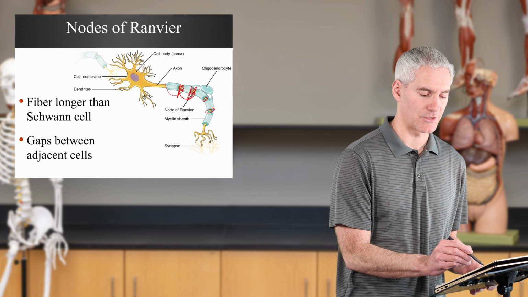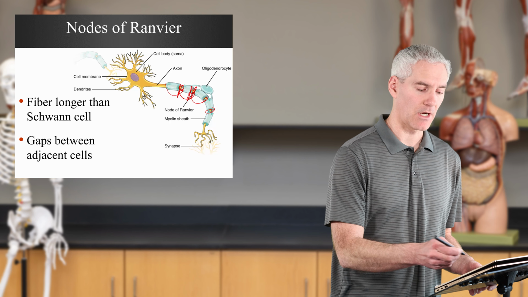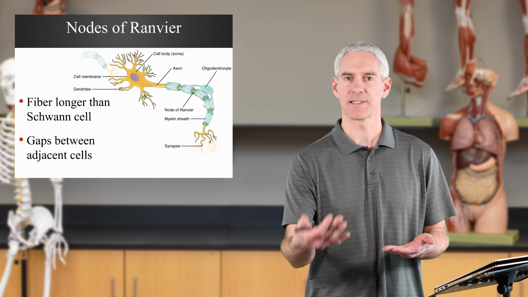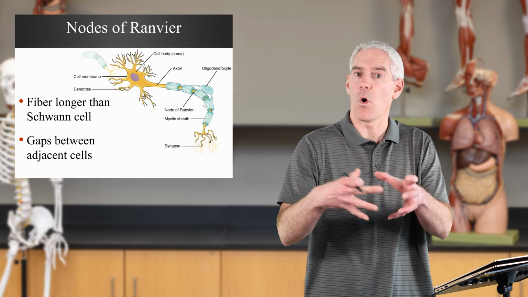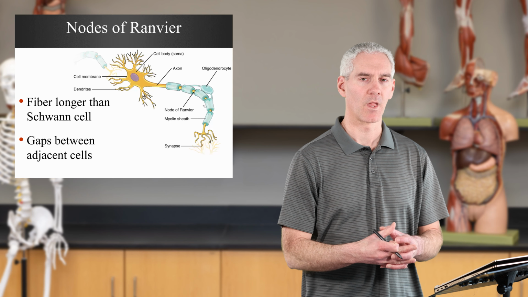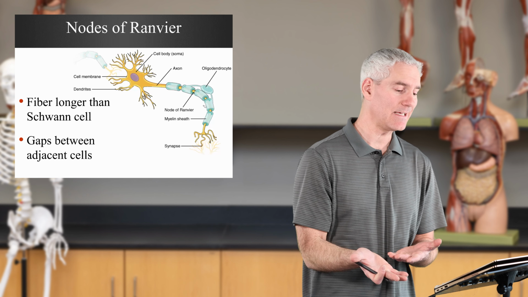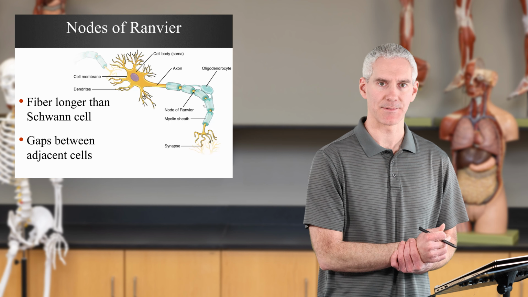A lot of ion exchange. Jumps to the next one. It's a very fast conduction this way. And it almost looks like it's jumping gap to gap because the insulation is doing its job. Insulation holds everything in. So it nodes around Ranvier, in between the Schwann cells, and if the oligodendrocytes have some gaps here, as shown in the image, some gaps there.